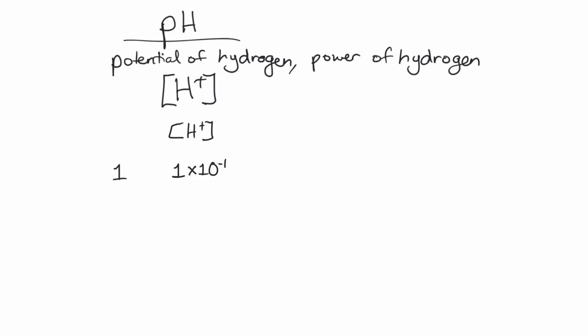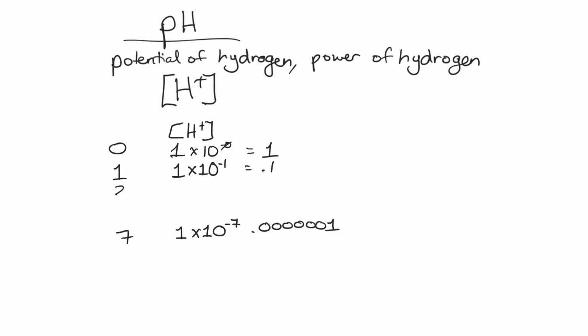With a pH of 7, the concentration is 1.0 times 10 to the negative 7th. A pH of 0 is 1.0 times 10 to the negative 0th, which is the same thing as 1.